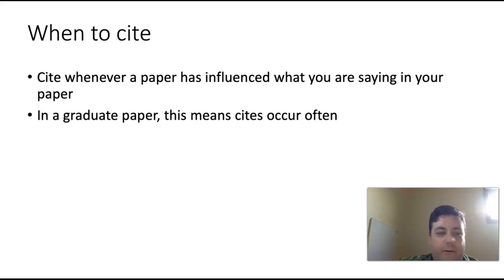Most every paragraph, particularly in the lit review portion, will have citations. I guess you probably won't have citations necessarily in the competencies, and maybe not in the self-reflection as well, but you probably would have citations in the recommendations. You certainly are going to have citations in the lit review portion.